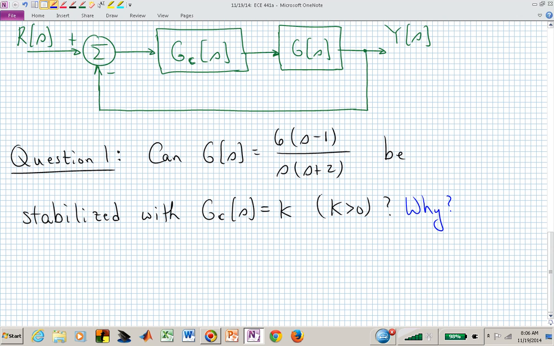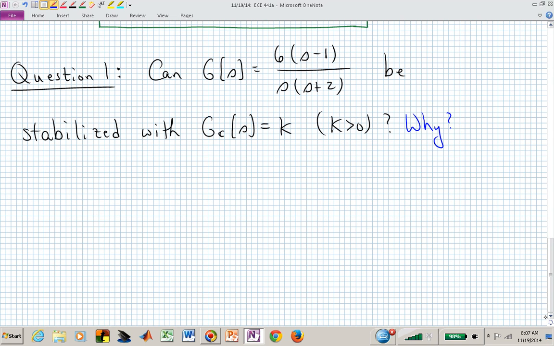So most of you were leaning negatively on this, and why is it a negative decision? Can this system be stabilized with a positive gain K? Why can it not be stabilized? I would say the justification could be a straightforward root locus sketch.